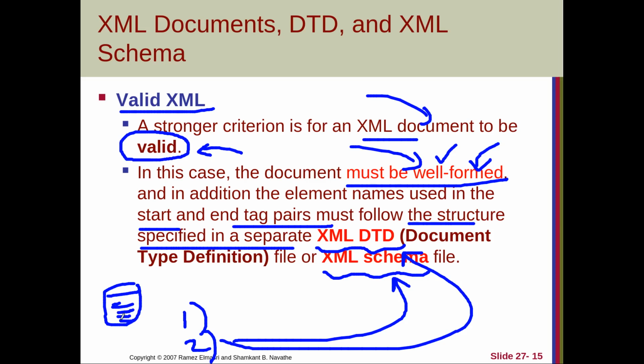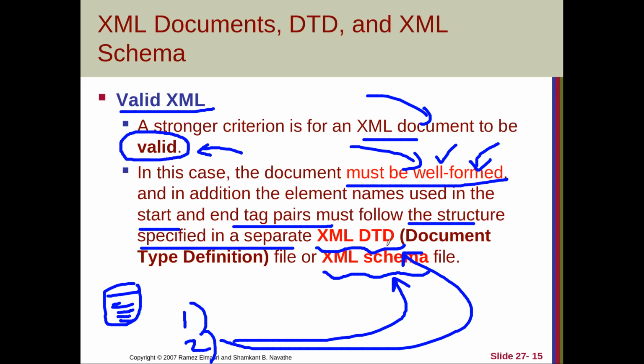And also it must follow the conditions given in a separate document called an XML DTD or XML schema. We can use any one of these, either XML DTD or XML schema. That depends on the situation. It must follow one of these two documents for the validation of that XML document.